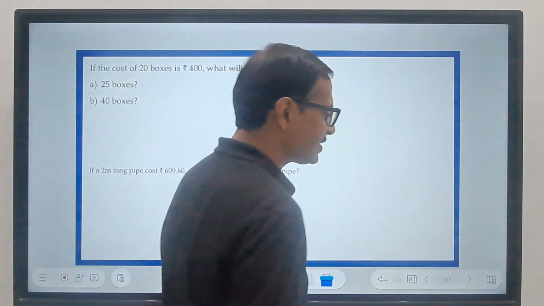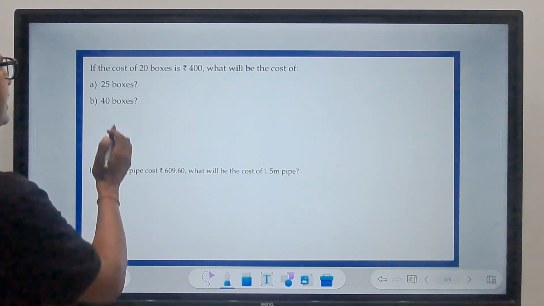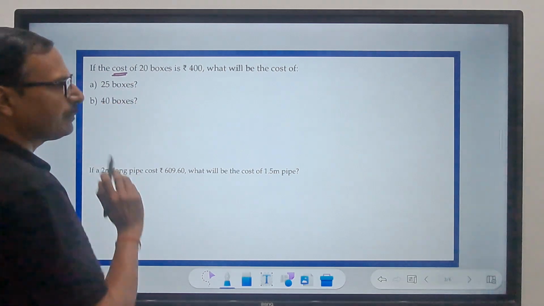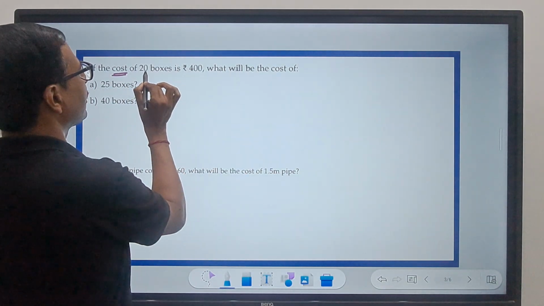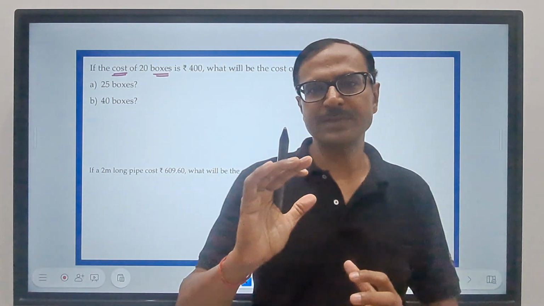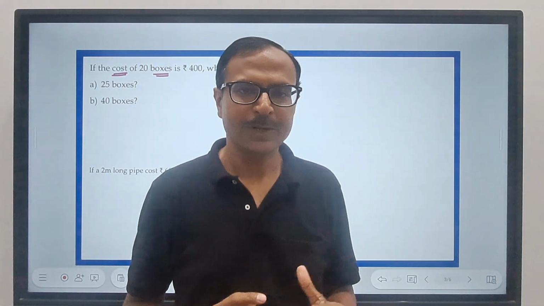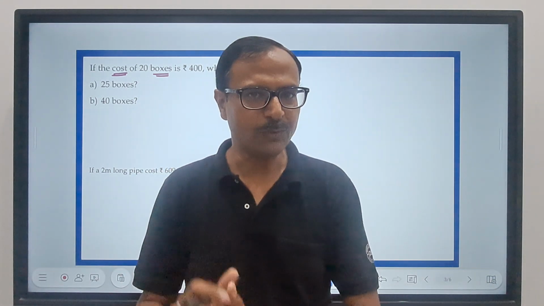Let's see some of the questions of direct variation now. As you can see, the variables are the cost and the number of boxes. If you purchase more boxes, you have to pay more money, right? So it is a question of direct variation.